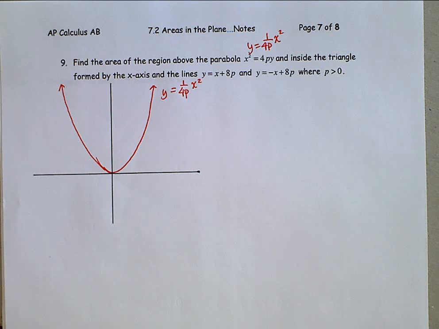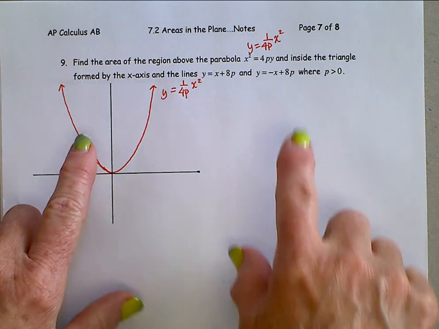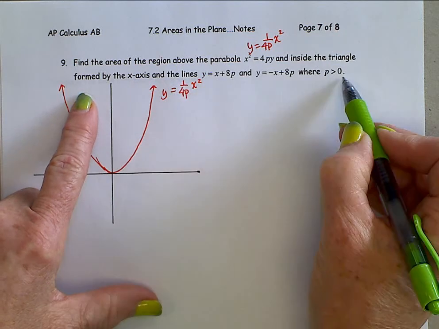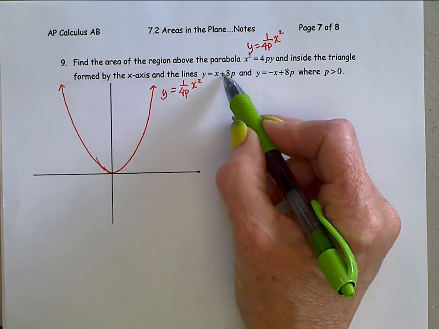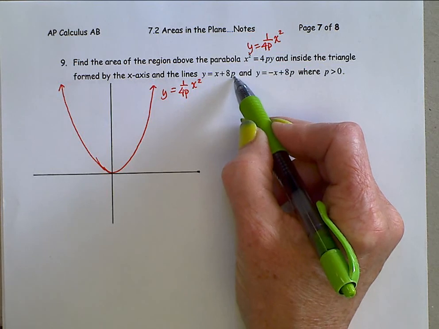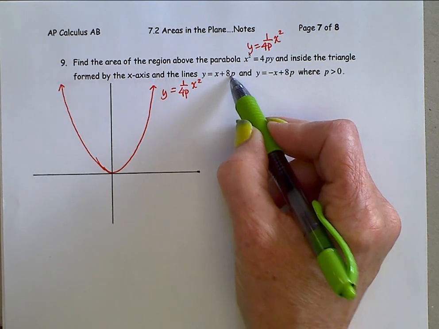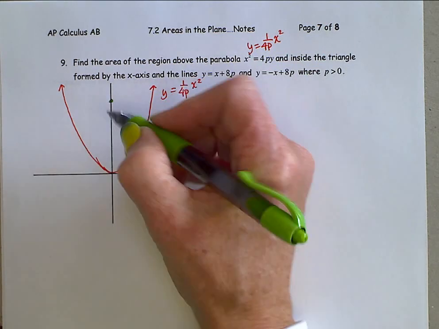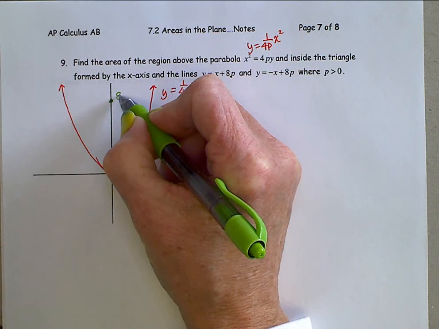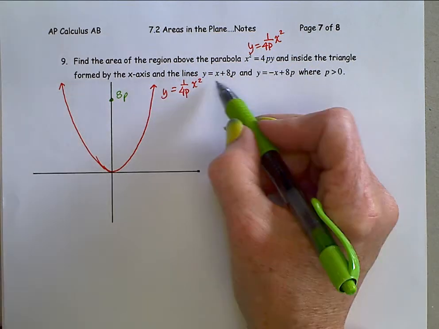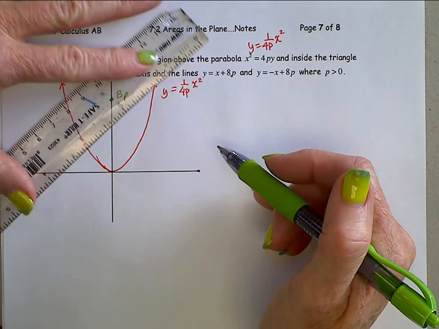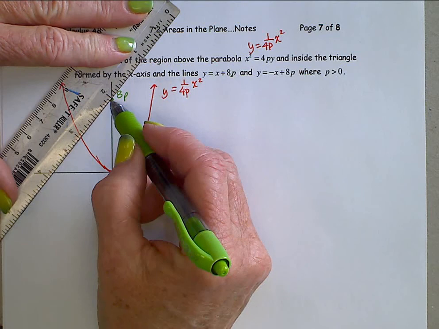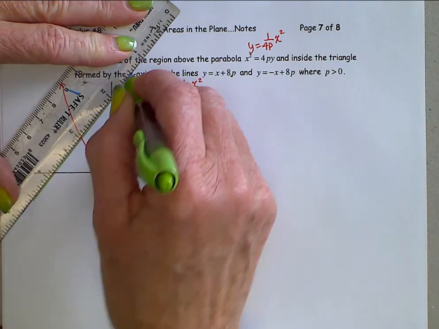And let's go ahead and graph these two lines, y equals x plus 8p. All right, p is positive, so this is some constant up here. If p was 2, this y-intercept would be 16. We don't know what p is, so this y-intercept right here is just some 8p. And we know that this line has a slope of 1, so we'll graph a line with that y-intercept and a slope of 1.